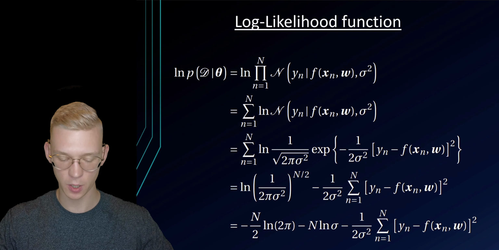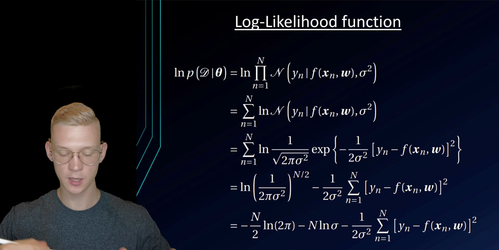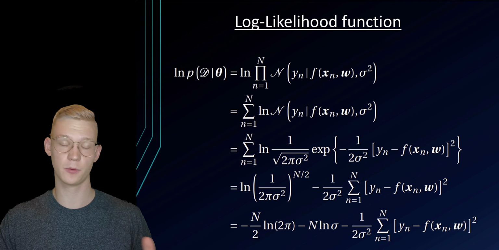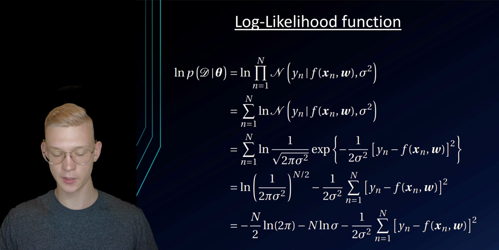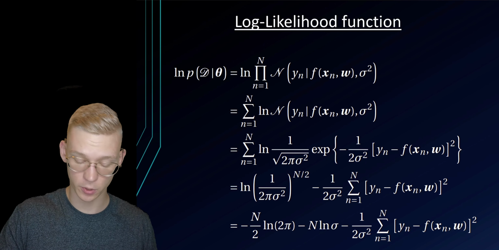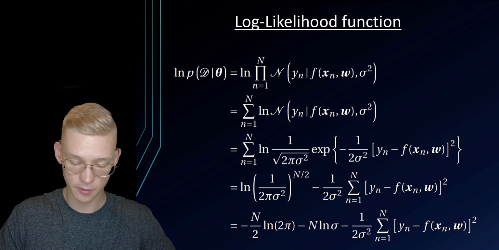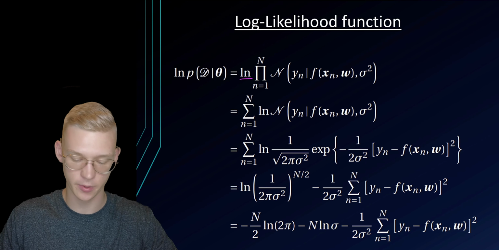Now, from that probability, we can take the log likelihood, because as we said before, the log is a monotonically increasing function, and thus we can simply take the logarithm.